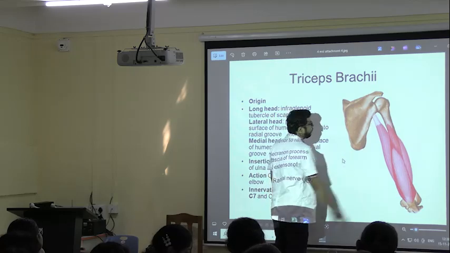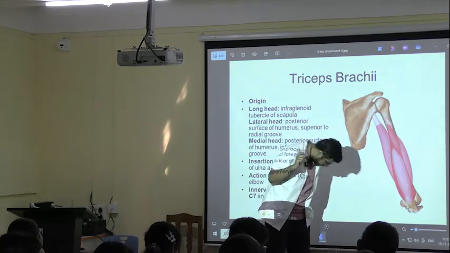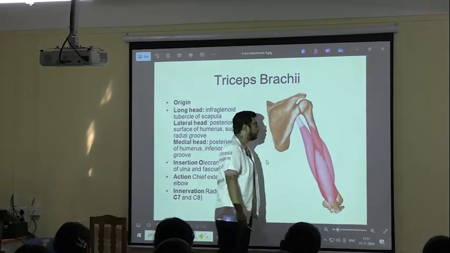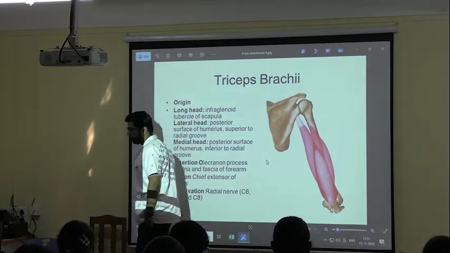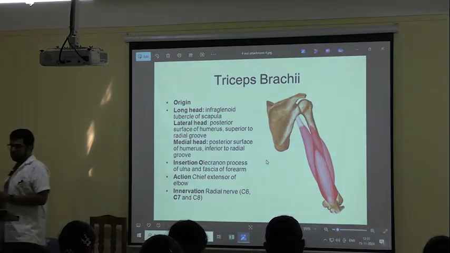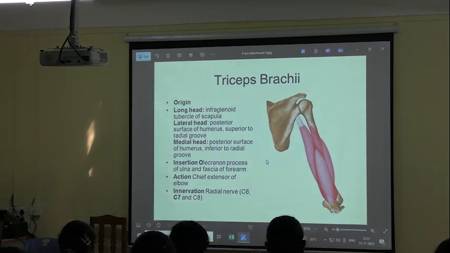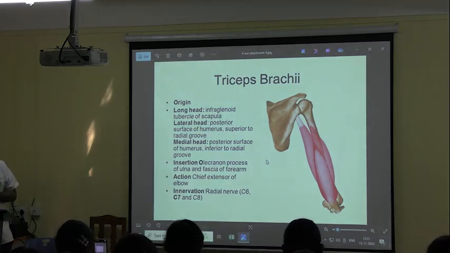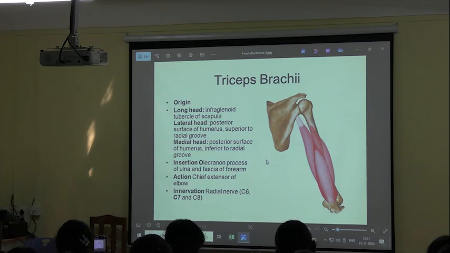It has 3 origins. One is here, two are from the humerus bone. What is this part of the scapula called? Infraglenoid. You guys don't study. Okay, sit down. Better.